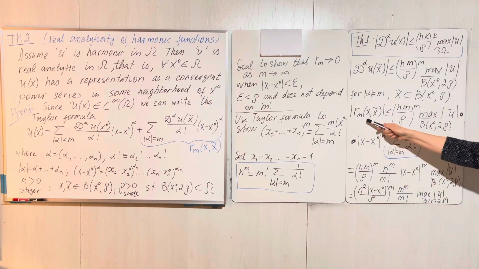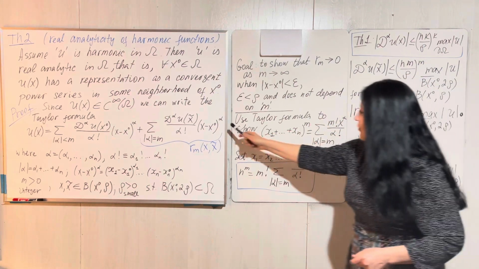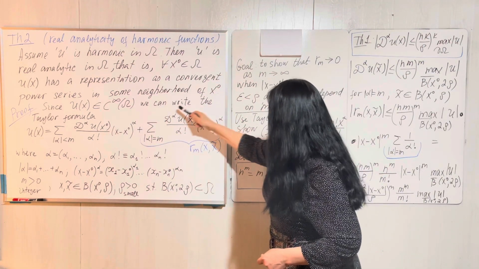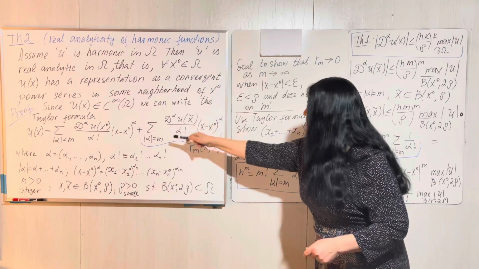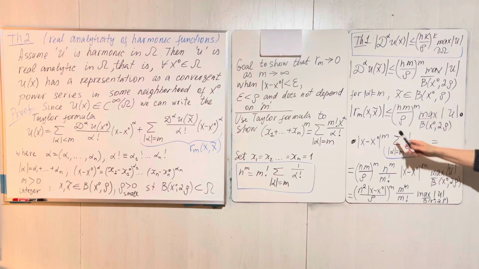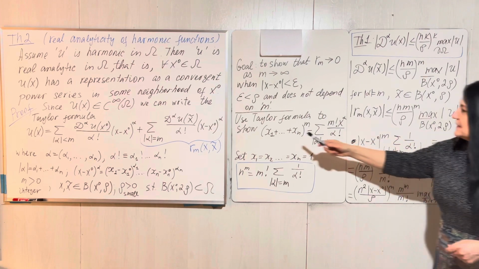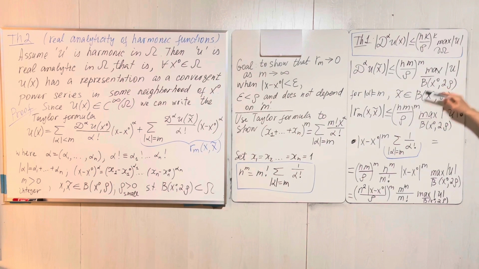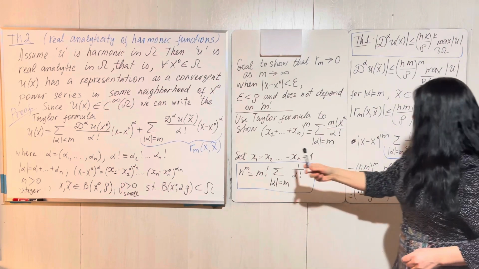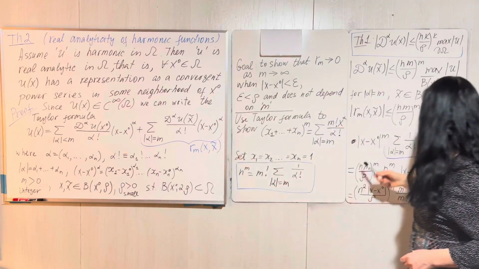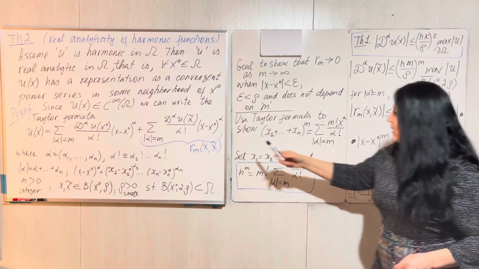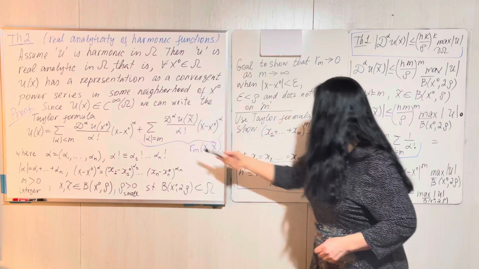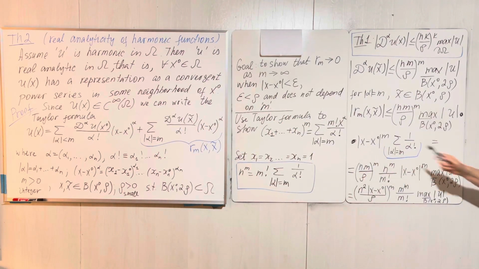And then we can write, so we have this to estimate a remainder. Let's write the whole thing. So for estimating the remainder, we need to take this estimate, right? So we copy this part, and then it will be multiplied by the absolute value of this term, and we have the sum of 1 over alpha factorial, so we have it here.